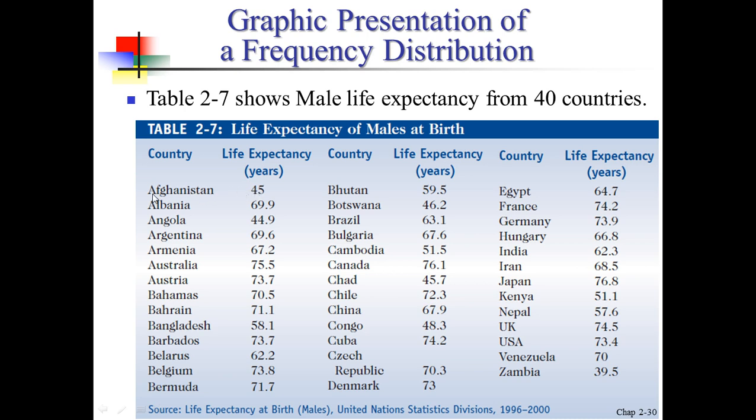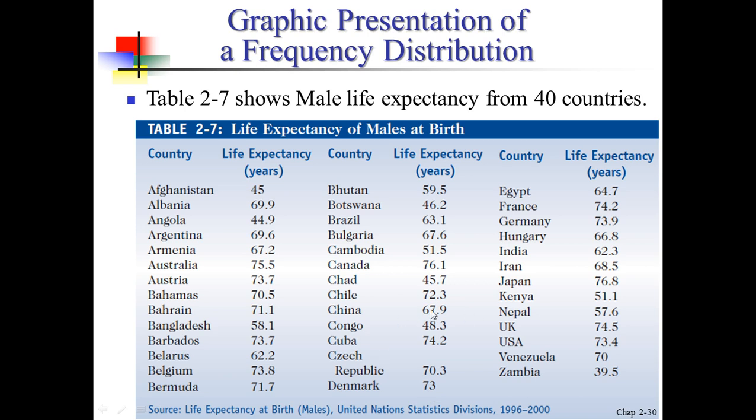For example, Afghanistan's male could expect to live 45 years, and then after 45 years they die. This is an average only. And this is at birth. So when a baby boy is born today in Afghanistan, he is expected to live 45 years on average. This is from UNSD.